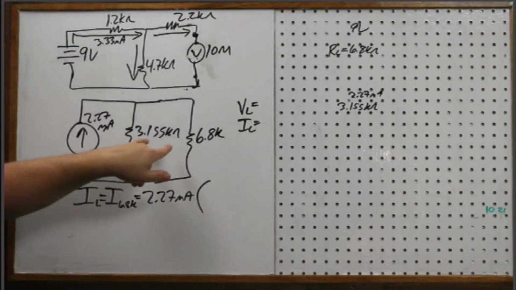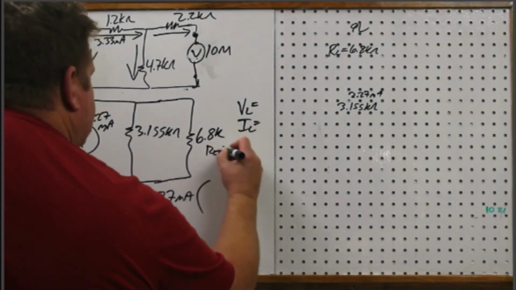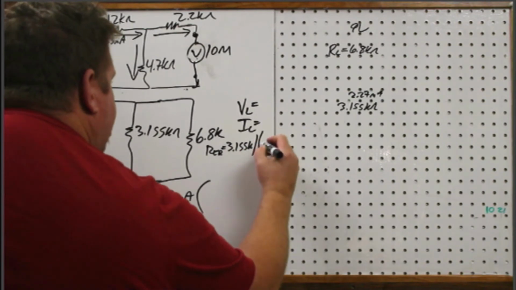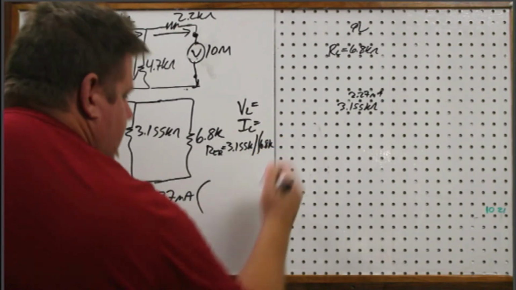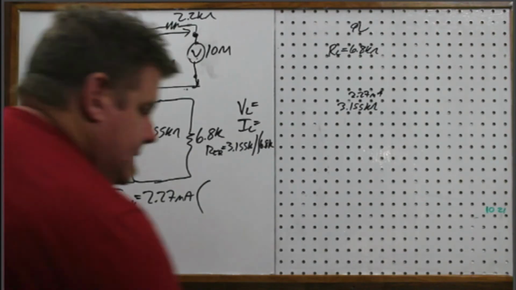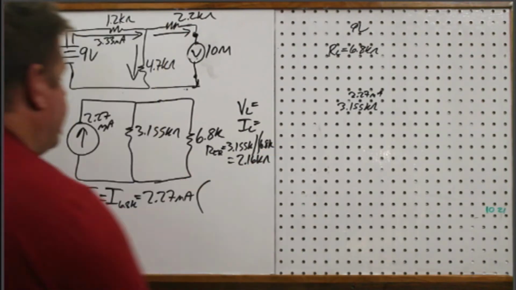I guess we should do these in parallel real quick. So the equivalent of 3.155K in parallel with 6.8K: 1 divided by 3.155 plus 1 divided by 6.8. Take the whole thing to the -1, and I get 2.16 kilo-ohms.